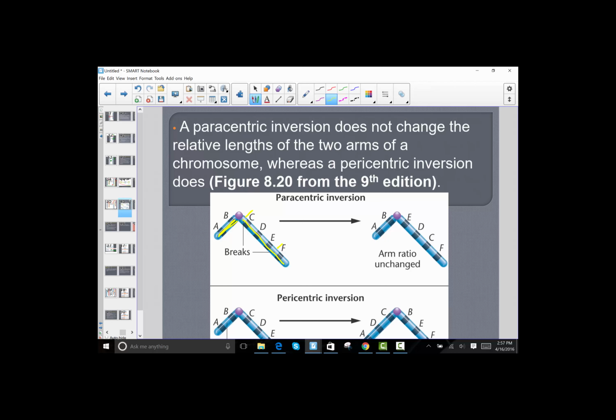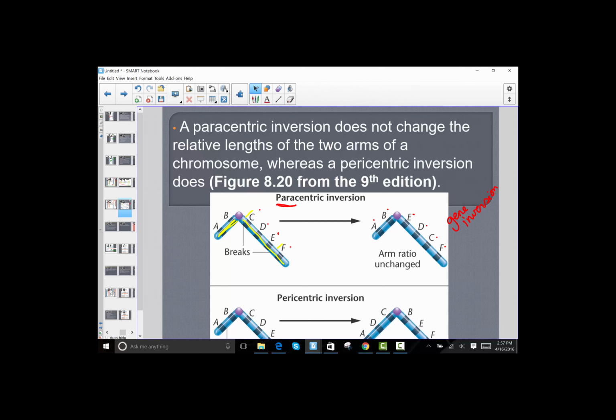Now we end up with the same number of genes, A, B, but instead of C, D, E, and F, we now have E, D, C, and F. So this is still an inversion, still a gene inversion. But we refer to this as paracentric because it doesn't have a change in the arm length.